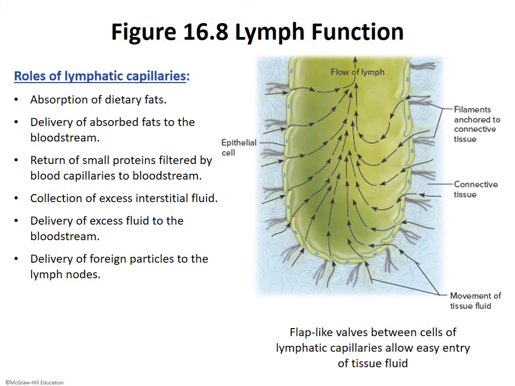So the way this works, and this is a lymphatic capillary, and you can see there's these little cells in here. What I want you to think about these cells as is little trap doors. So I've got this capillary bed here, and I've got some fluid coming out, I've got some fluid being pulled back in, but I've got a constant increase in the fluid here.